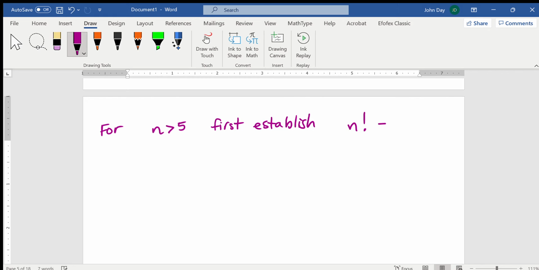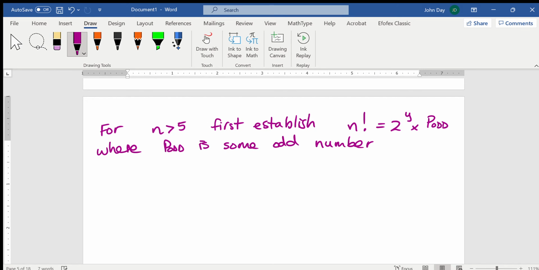n factorial equals 2 to the y times some odd number p. Now 2 to the y is just some value, but you can pull the most evenness out of the factorial and end up multiplying it by the rest, which is an odd number. So p is some odd number, and 2 to the y is the largest power of 2 that can be factored from the n factorial.